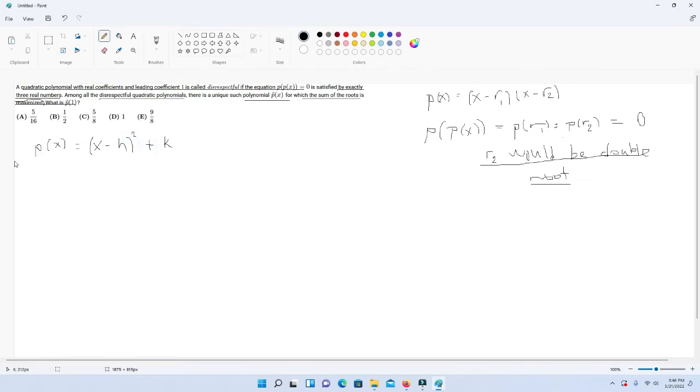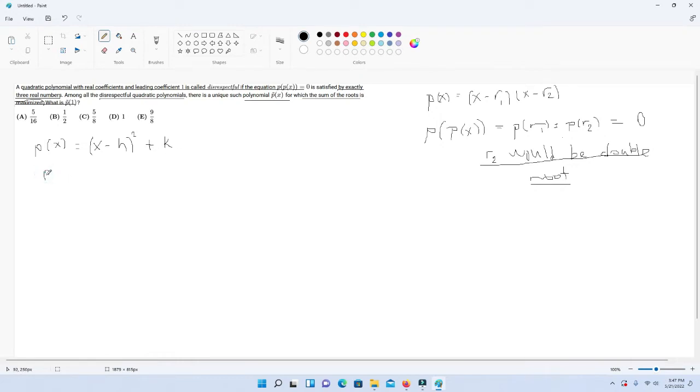Now connecting this vertex form equation and the information we noted down from the first sentence, we can obtain more knowledge about disrespectful polynomials. Since we know that r2 would be a double root, we can actually substitute r2 for k, as this would give us our sole maximum value.